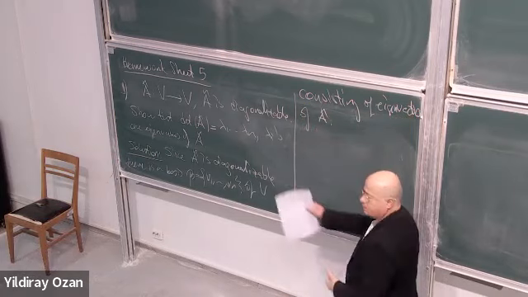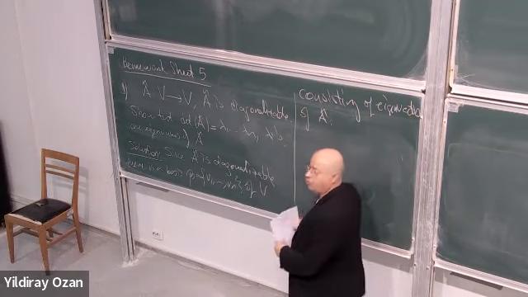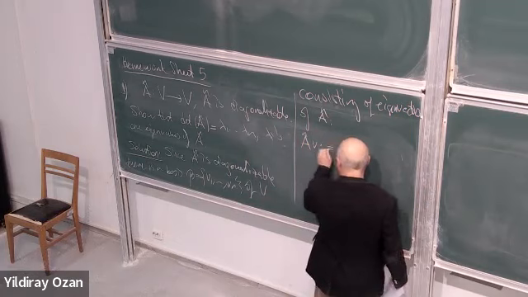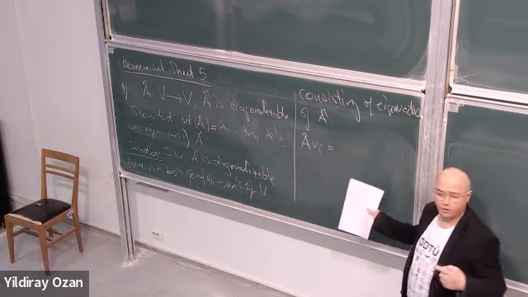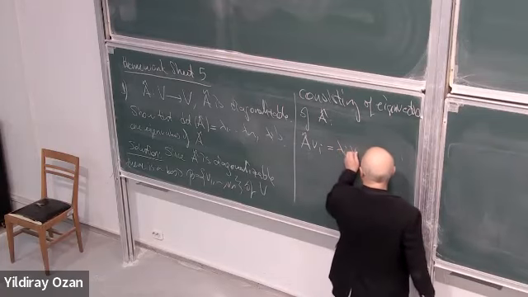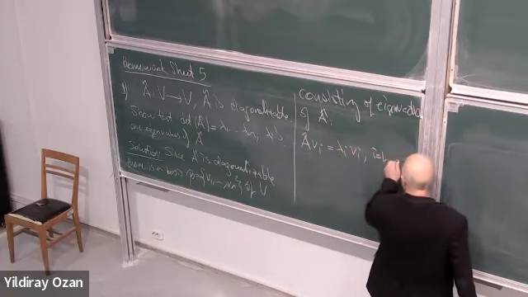So this means what? These are eigenvectors, so each vector is mapped to what? To a scalar multiple of this vector, lambda i, i from 1 to n.